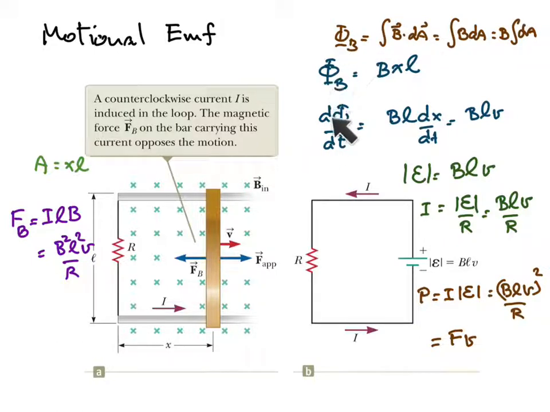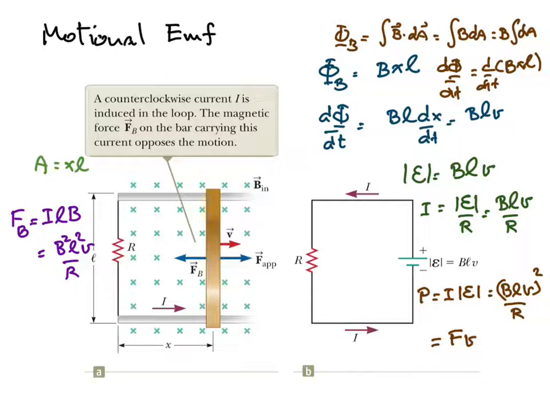The change of the magnetic flux is equal to the change of this term, which is d/dt. I will omit the subscript B here because we know that the flux here is the magnetic flux. So we have dΦ/dt equal to d/dt of BXL, right?